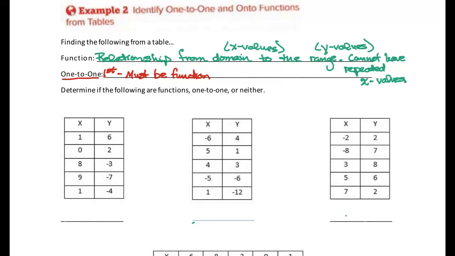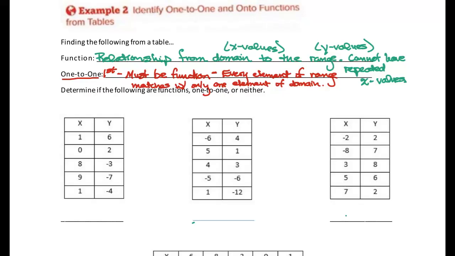And then second, every element of the range matches with only one element of the domain. Okay? So it's kind of going backwards.